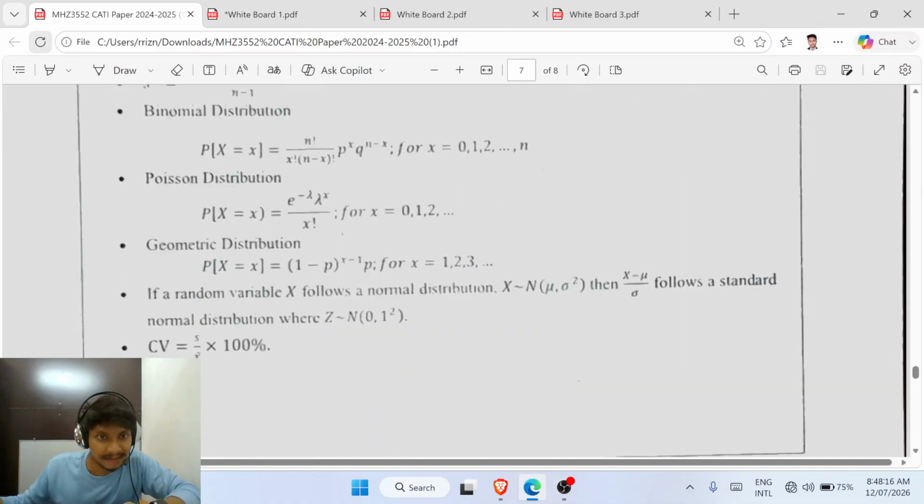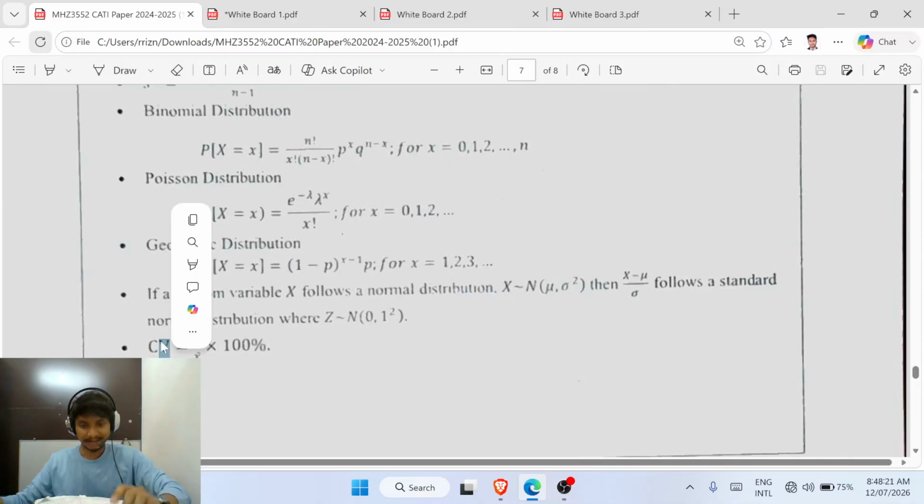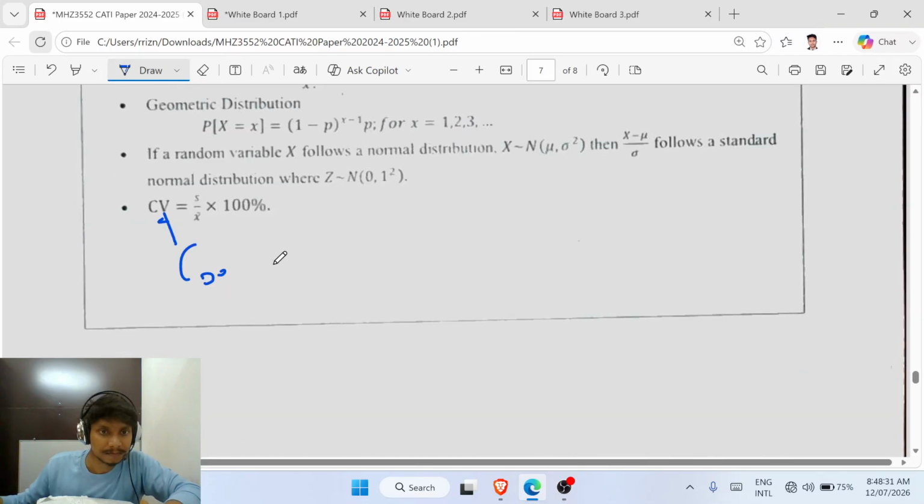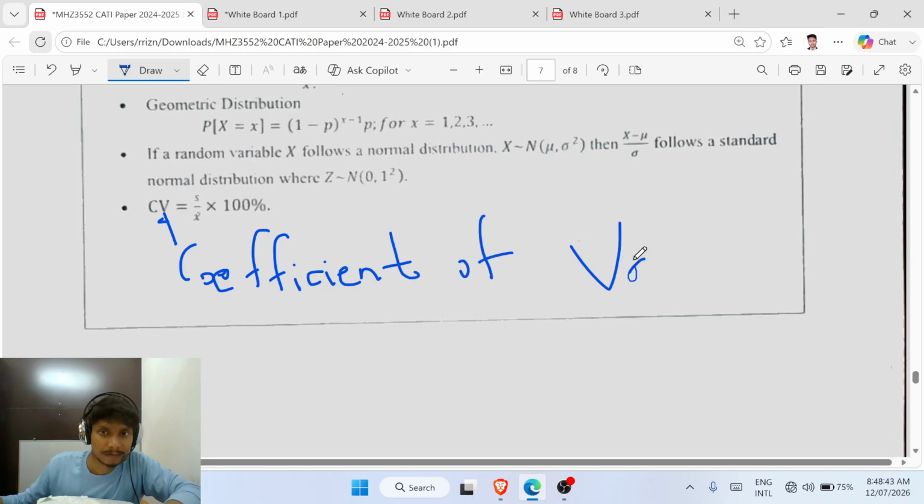Then this CV, what is CV? We will discuss this. CV is the coefficient of variance.